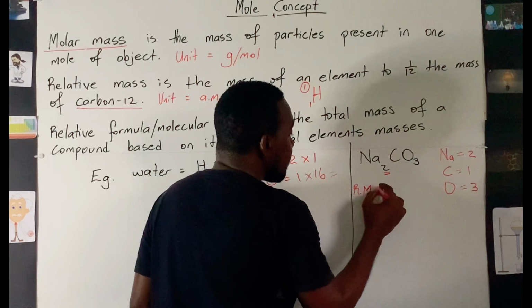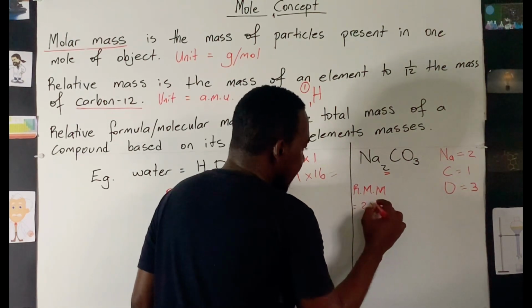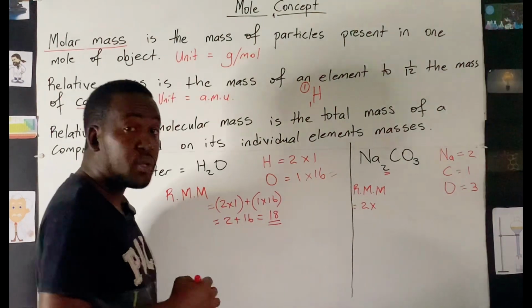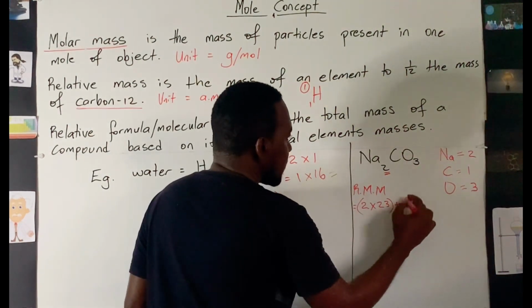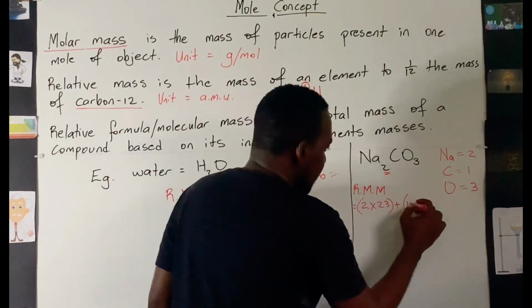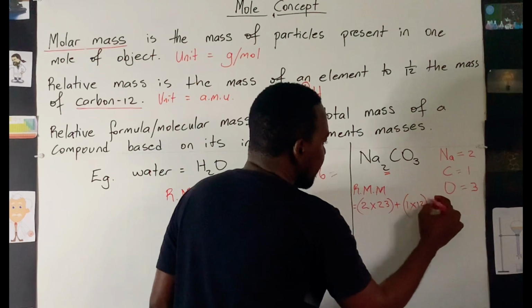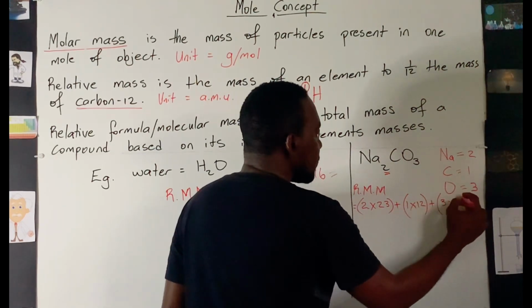Right? So our RMM would be equal to 2 times the mass of sodium, which is 23, plus 1 times the mass of carbon, which is 12, and finally plus 3 times the mass of oxygen, which is 16.